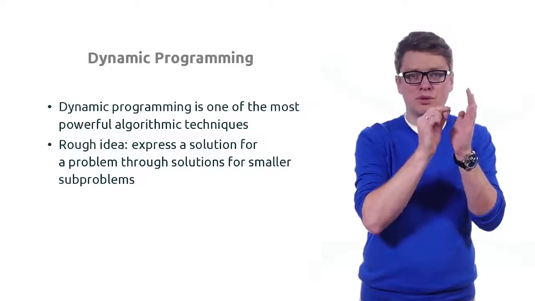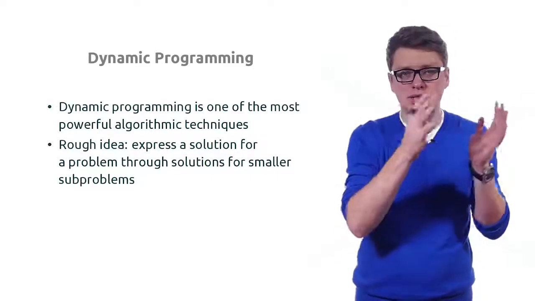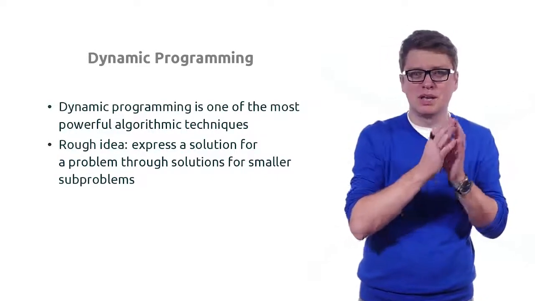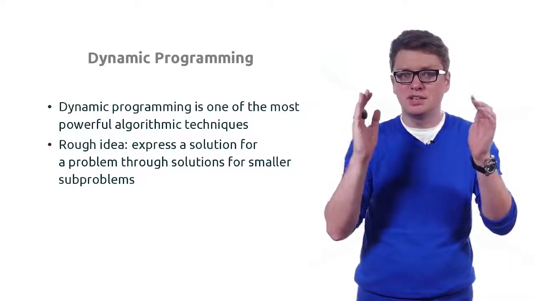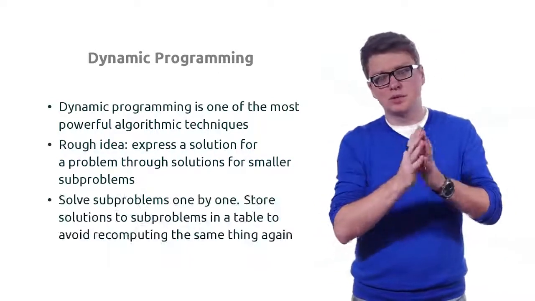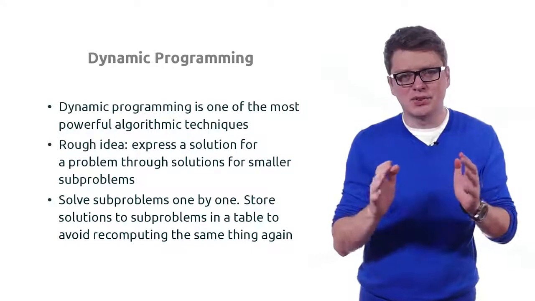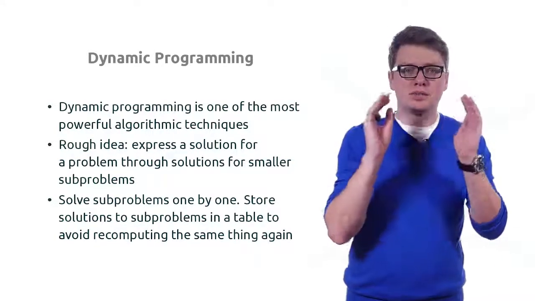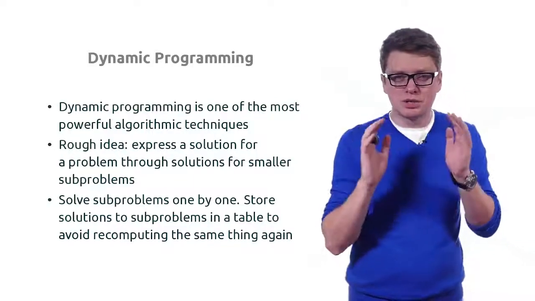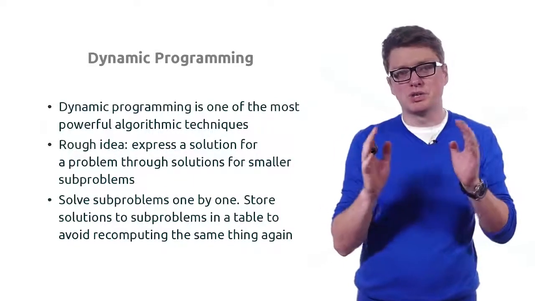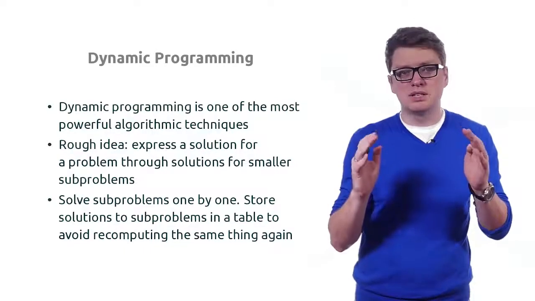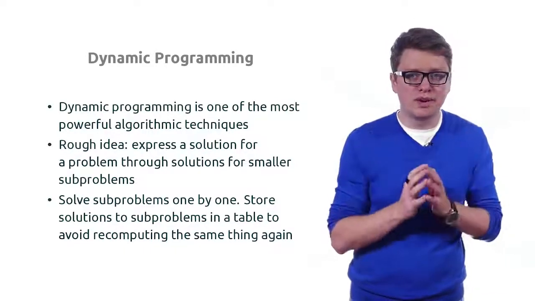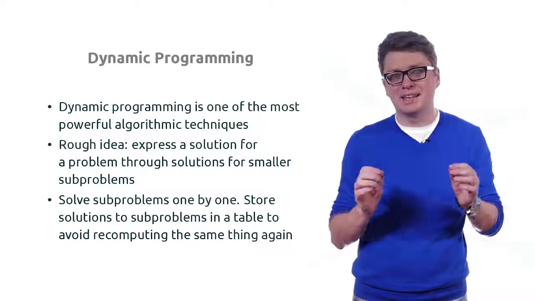Then try to solve them one by one, always using the solutions to previous subproblems, and finally reaching the initial problem. Another technical trick of dynamic programming solutions is that usually the solutions to all subproblems are stored in some data structure, usually called a table. This is done in order to avoid recomputing the same thing again and again.